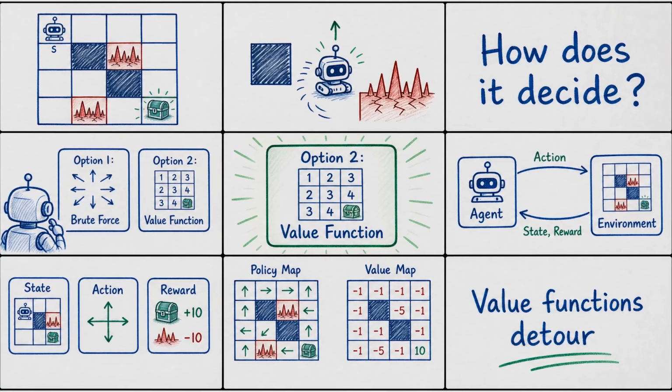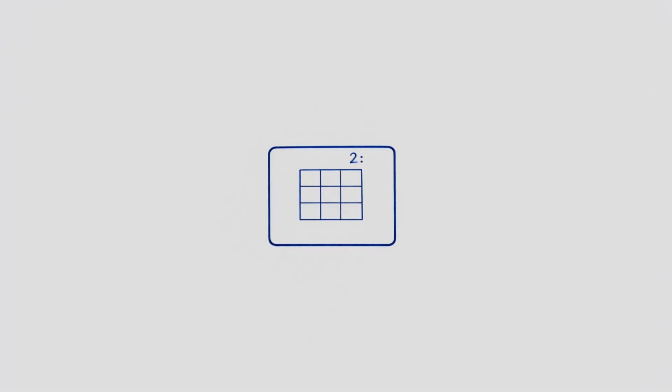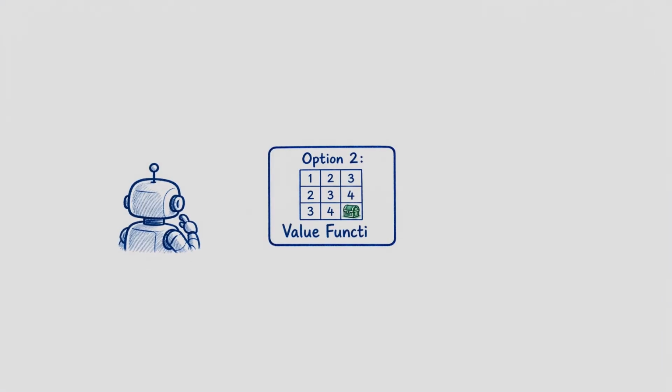That number is the value function, and that changes everything. Instead of planning entire paths, the agent just looks at its neighbors and moves toward the highest number. Local decisions, global intelligence.